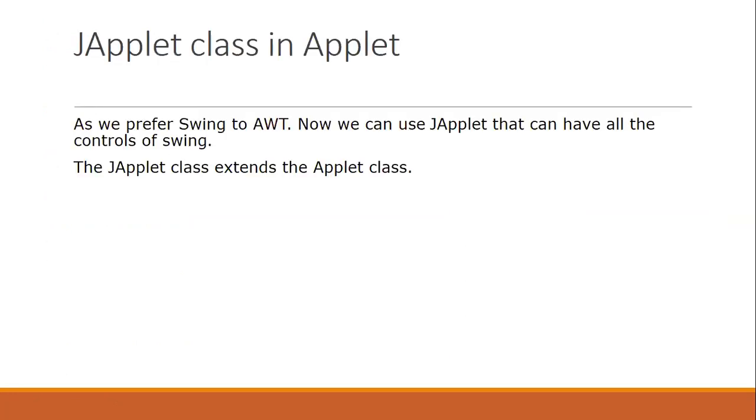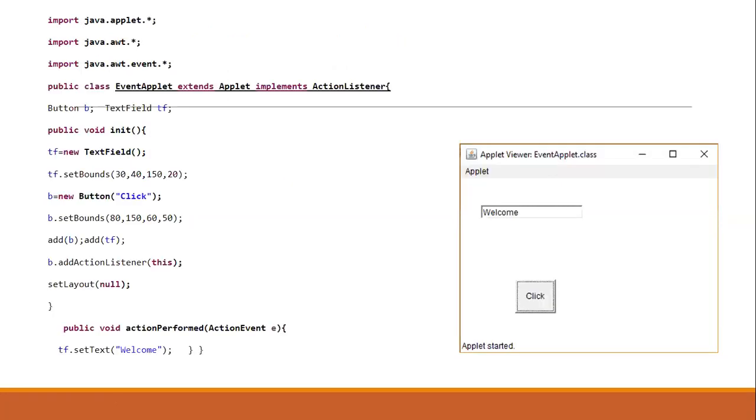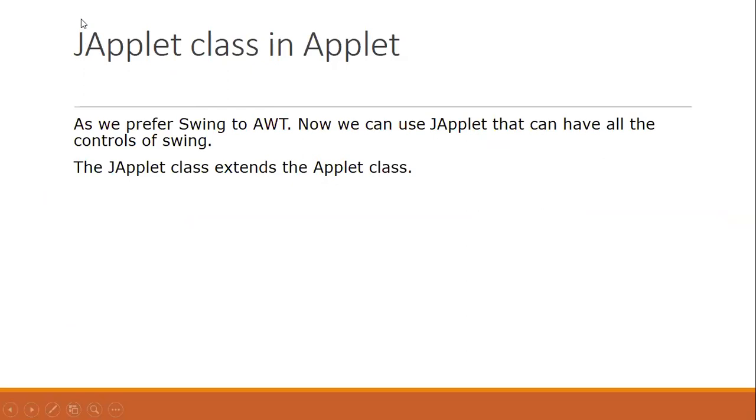Now let us use it with the help of JApplet. As we are using AWT, our class name was applet. If you are using swing, your class name will be JApplet. If you remember, in swing every class is prefixed with J: JFrame, JPanel. Similarly, there is JApplet, JButton, JTextField.